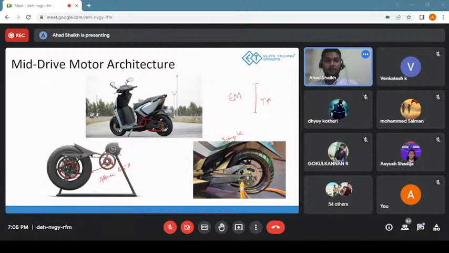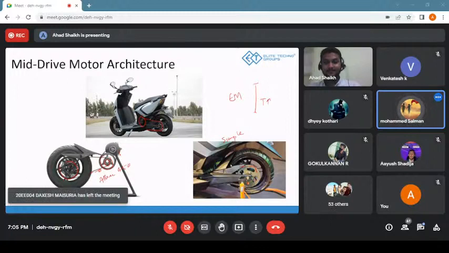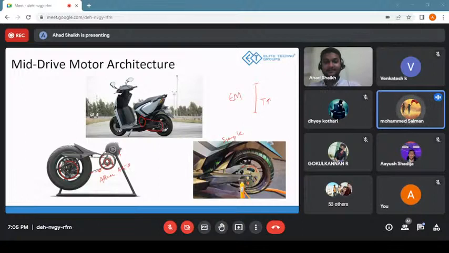So let's talk about the belt drive and chain drive mechanism. What do you think? What is the advantage of having a belt drive from the engineer's perspective? In belt drive, sir, we don't have any heat generation, and in chain we have the heat generation process, which means we need to apply oil again and again, and wear and tear might happen in the chain.